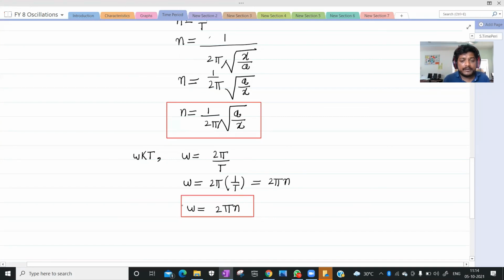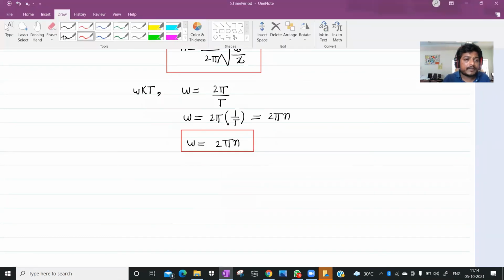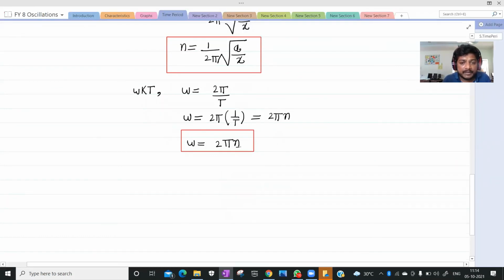This is also one more equation for angular frequency. I already told you omega is angular velocity; here we can say it is angular frequency. Omega has two names. Why? Because it is a frequency term now: n is frequency and 2 pi is a constant. So angular velocity and angular frequency are the same.